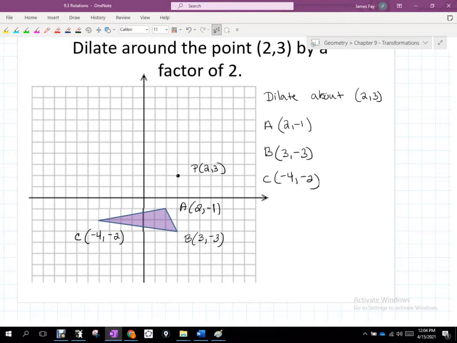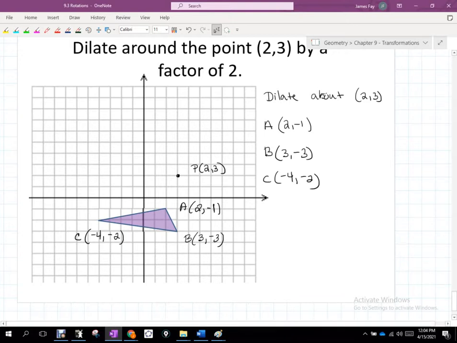We can't do that if we want to dilate about a point other than 0, 0. Because when we start at 0, 0 and look at corresponding points from the image and pre-image, subtracting 0 is a really nice thing to have, so you end up with a relation showing that the scale factor you get from dividing corresponding sides is identical to the factor they provided you.